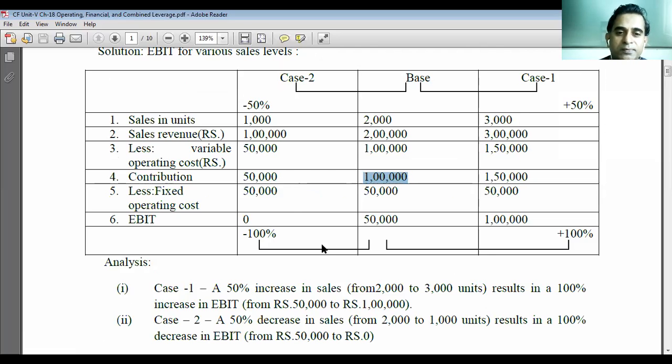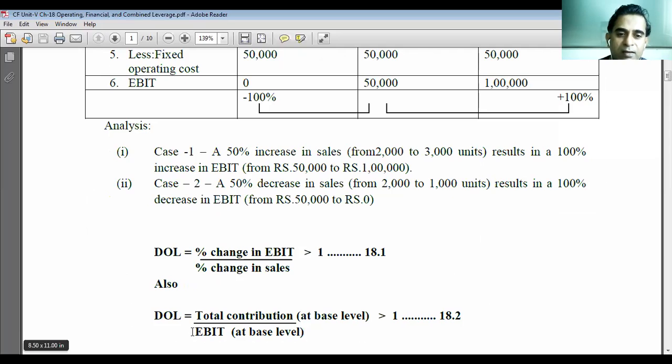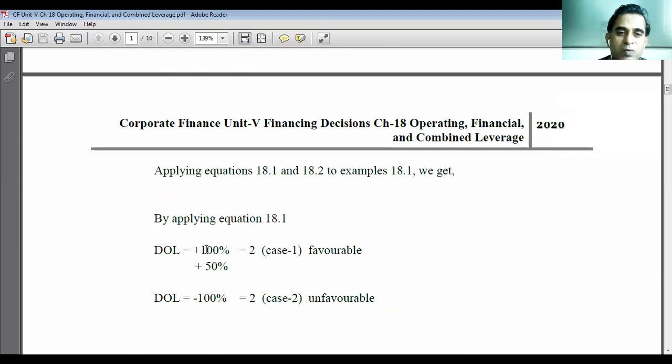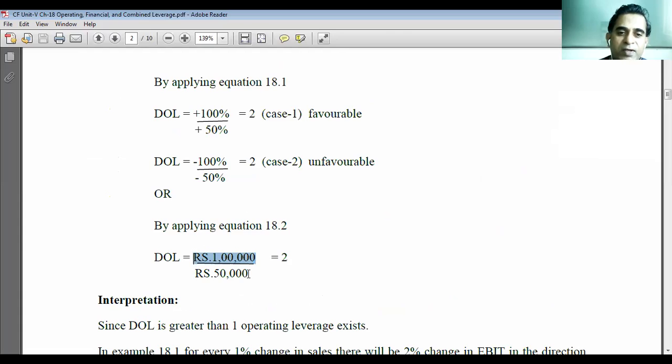And EBIT at base level is 50,000 rupees. So 1 lakh rupees divided by 50,000 rupees is equal to 2. Anyway you calculate, the degree of operating leverage will be 2 in this case.